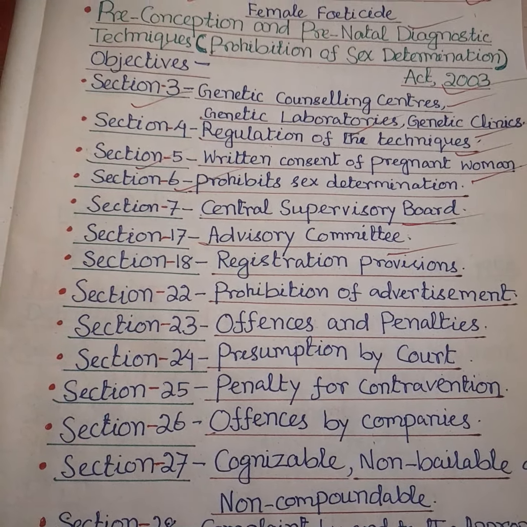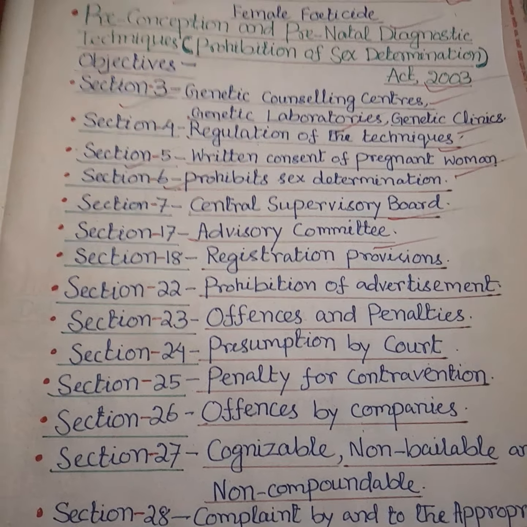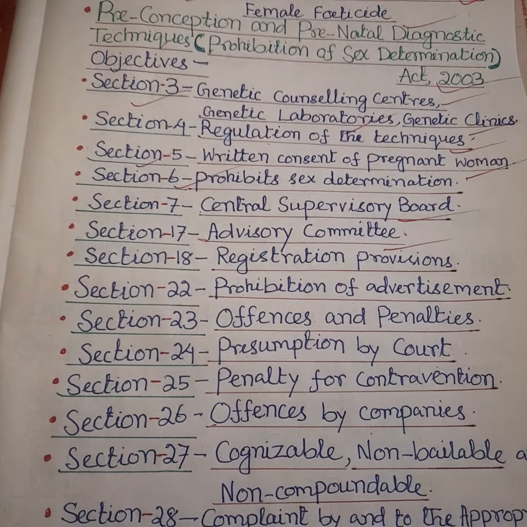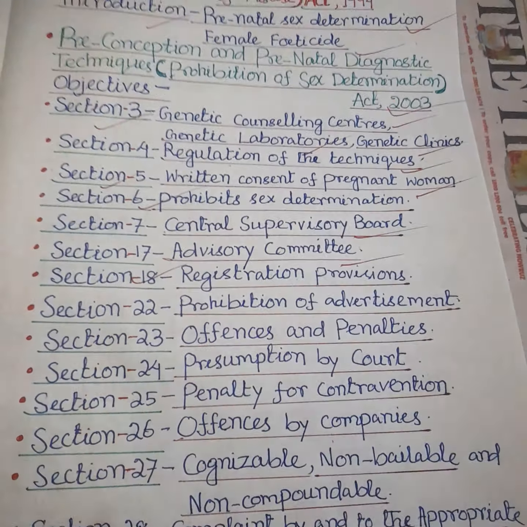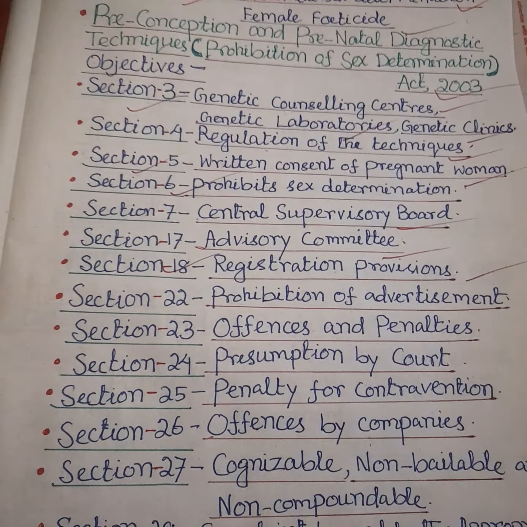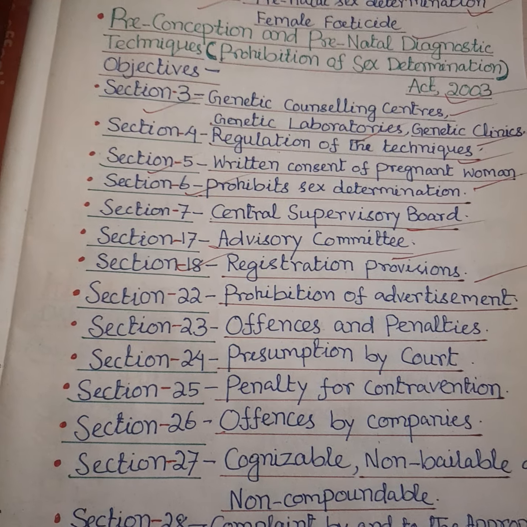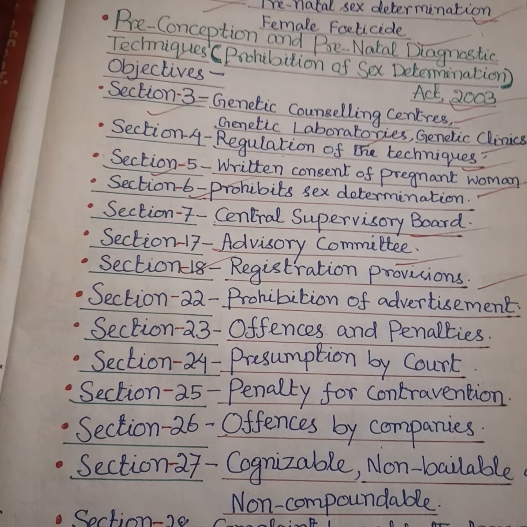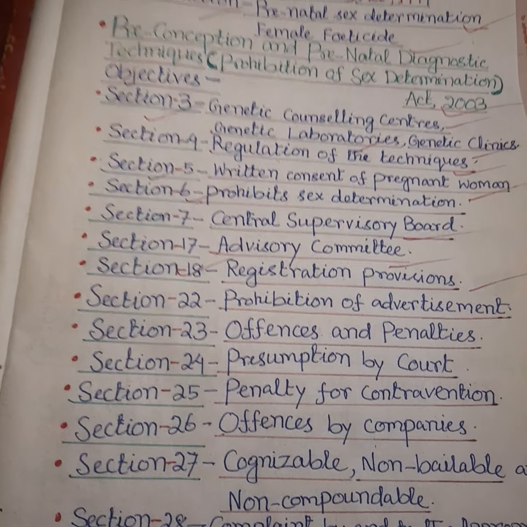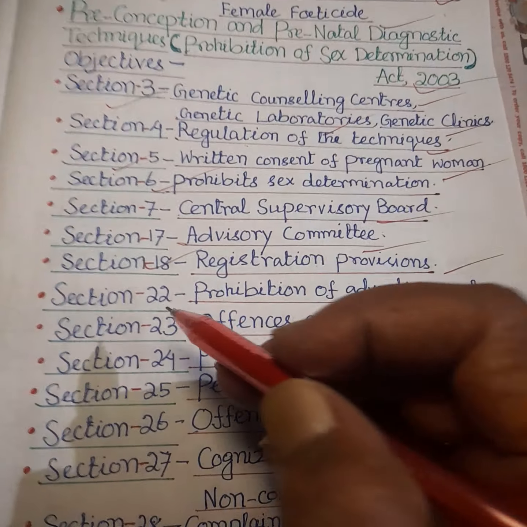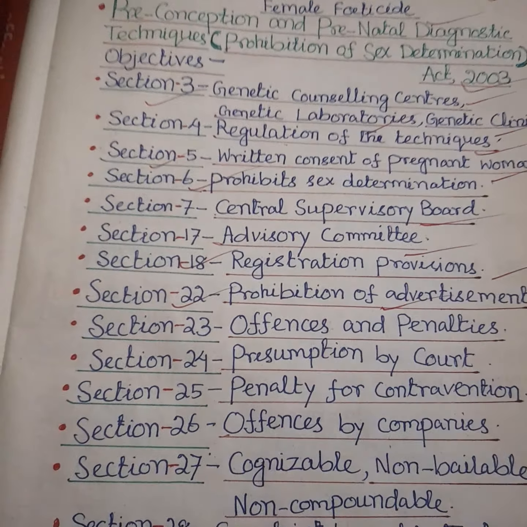So it provides for appropriate authority and advisory committee to be established by the concerned authorities, while Section 18 of the Act provides for registration provisions, and in particular it requires registration of genetic counseling centers, genetic laboratories or genetic clinics. And Section 22 of the Act provides prohibition of advertisements.